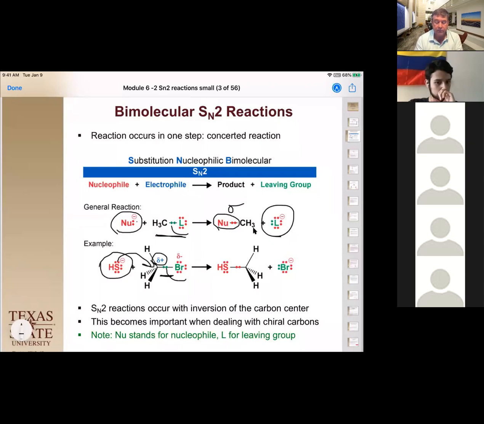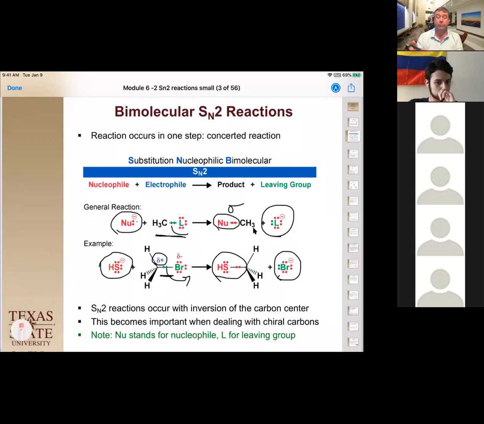These electrons are going to leave with the bromine, giving us our new product and our leaving group. Okay. So notice where this is coming in. Notice this is coming in from the opposite direction of where the leaving group is leaving.